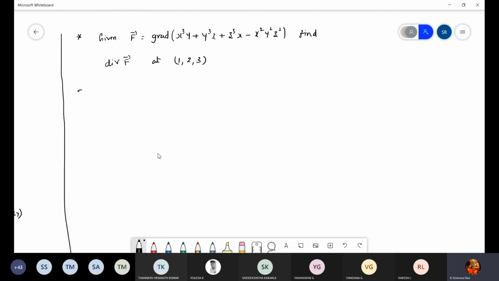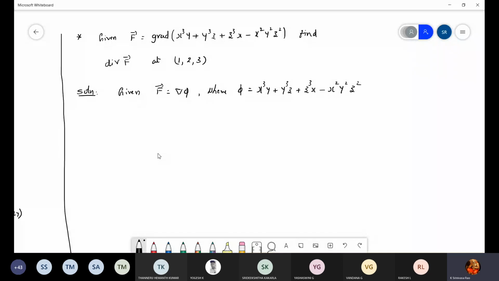Okay, solution. Given f equals grad phi, del phi, where phi equals x cube y plus y cube z plus z cube x minus x square y square z square.